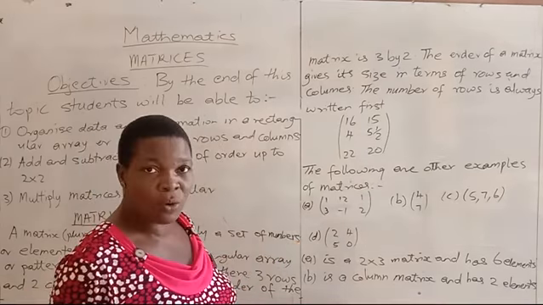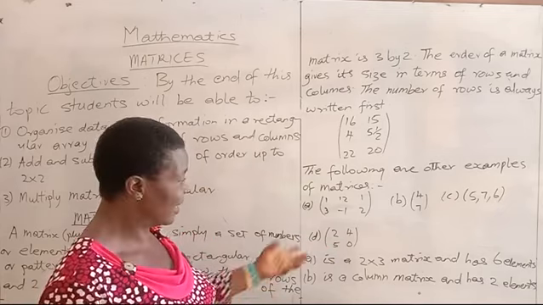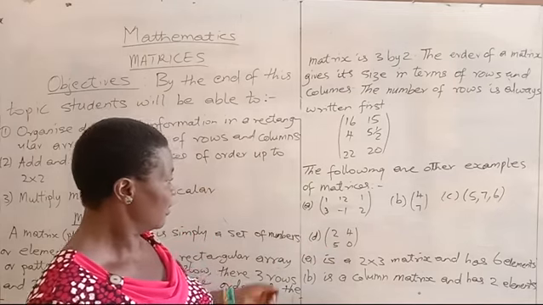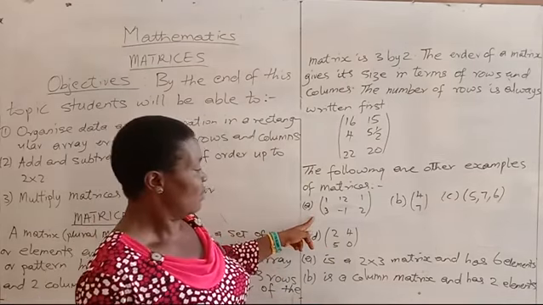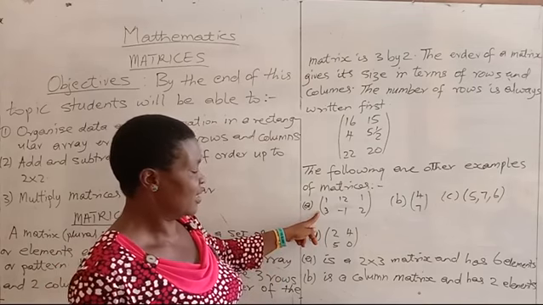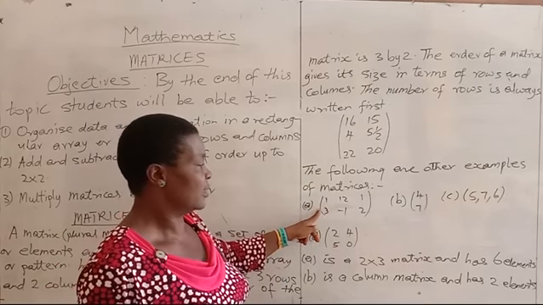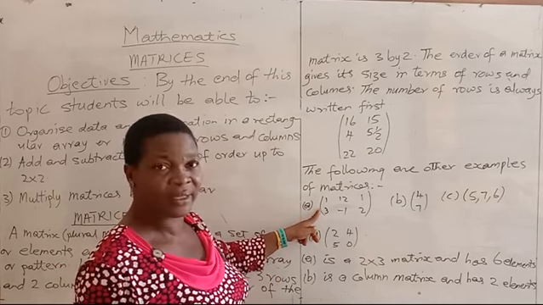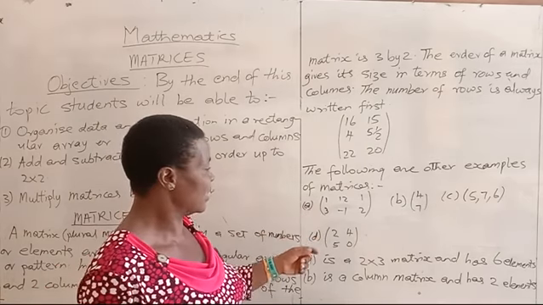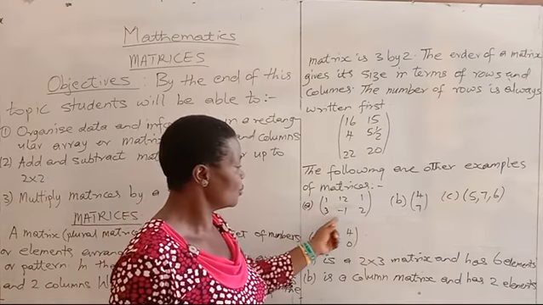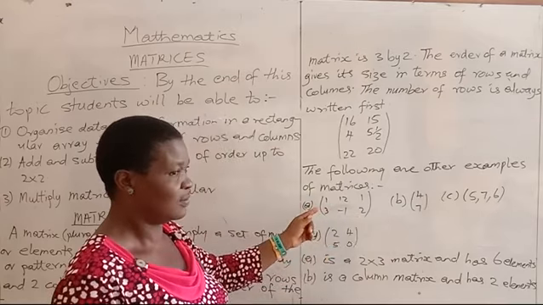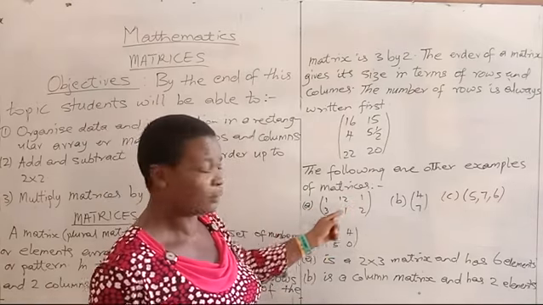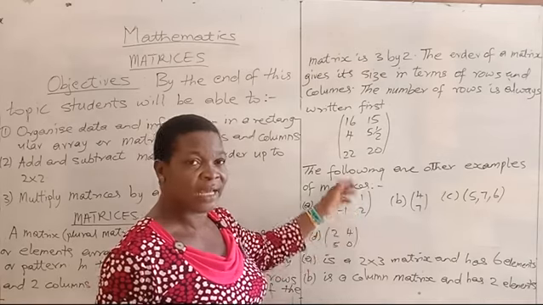The following below are some other examples of matrices. This matrix here is a 2 by 3 matrix because it has 2 rows and there are 3 columns.